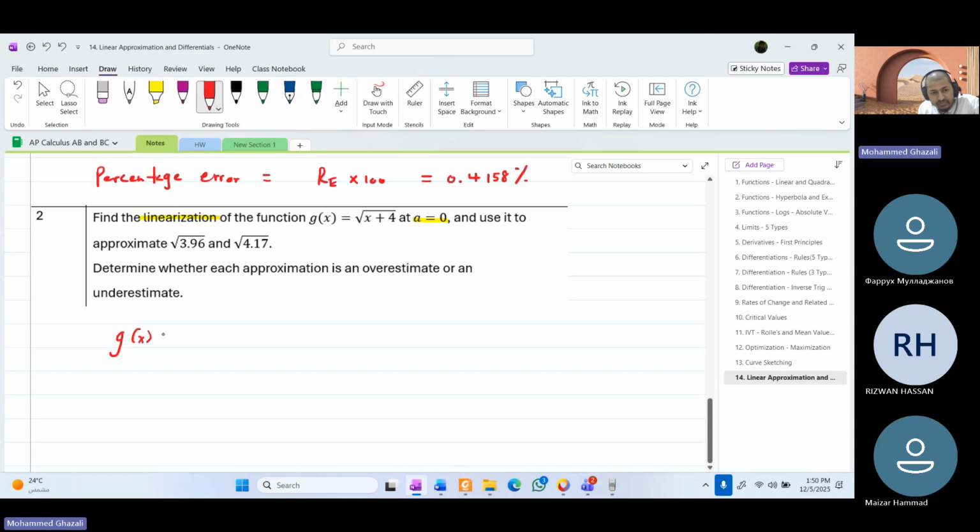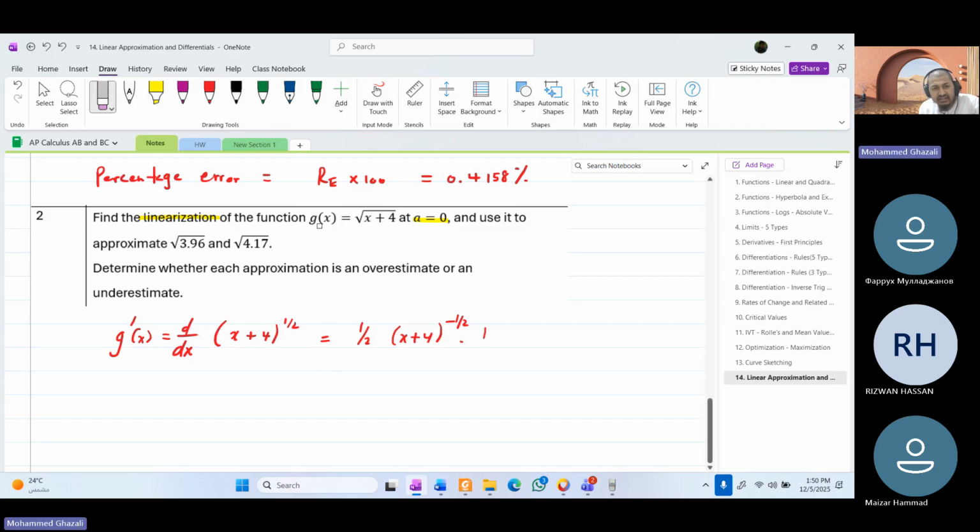So we got g of x, and you find g prime of x, which is d/dx. Reconvert this function as x plus 4 to the power half. But if you already know the rule, you can just say 1 over 2 root x plus 4. So that's half times x plus 4 to the power negative half, and if I differentiate the inside, it's just 1.